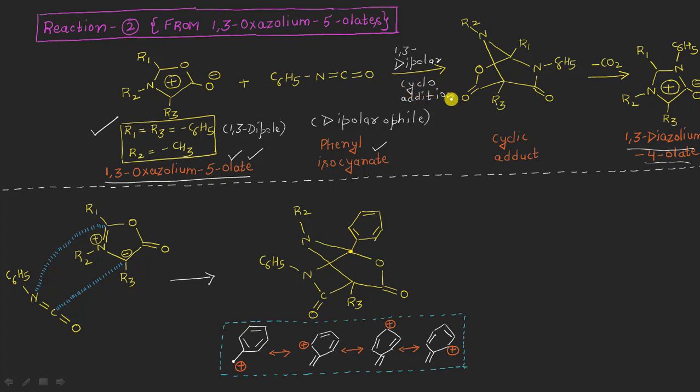And by the same type of mechanism which we have discussed many times in my previous video lectures, we will see that this type of cyclic adduct will be formed first, which after eliminating a molecule of CO2 results in the formation of 1,3-diazolium 4-olate.